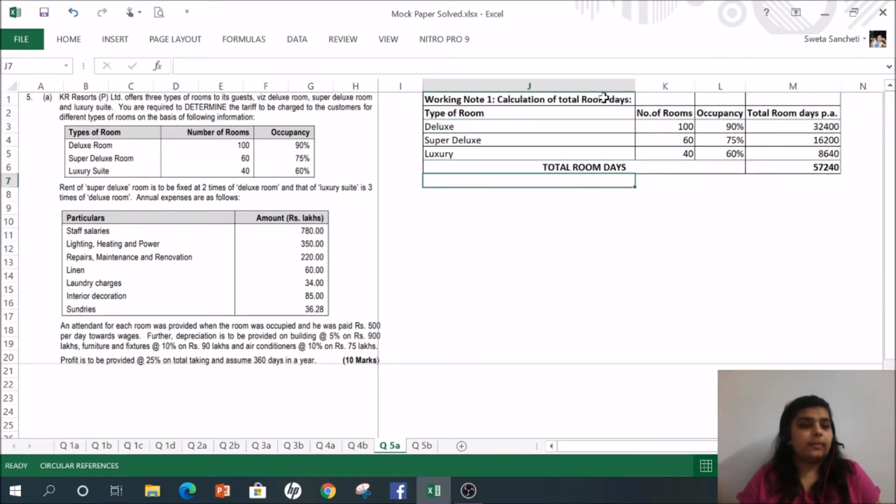Let's go ahead. Now, rent of super deluxe room is to be fixed at 2 times of the deluxe room, and that of luxury suite to be 3 times of deluxe room.